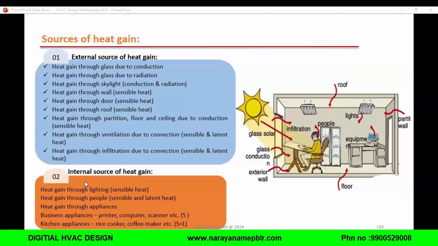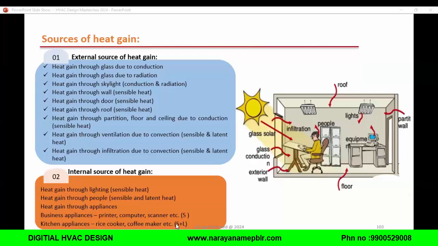Next, you have internal sources of heat gain, which I already told, mentioned here. Business appliances will have only sensible, whereas kitchen appliances will have sensible plus latent. Because, for example, you are making a coffee, so it will convert into steam. It will generate a lot of heat, so for that reason we are using latent heat.